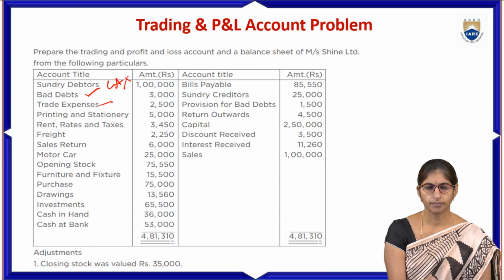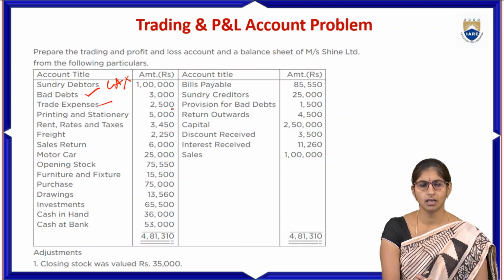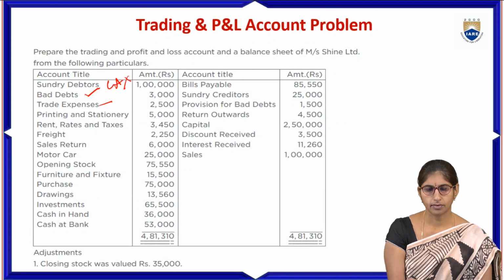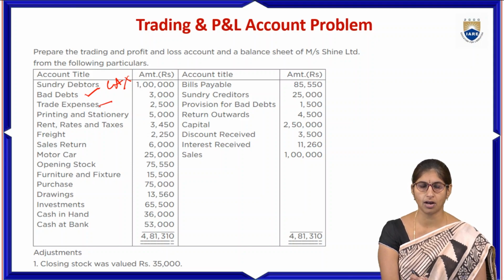Next, this is trading, printing and trade expenses. Next one is trade expenses. See, once we get the trade expenses, we have to search for another expenses which is general expenses. If trade expenses is given and general expenses also given in the problem, then we have to record trade expenses in the trading account and general expenses in the profit and loss account.